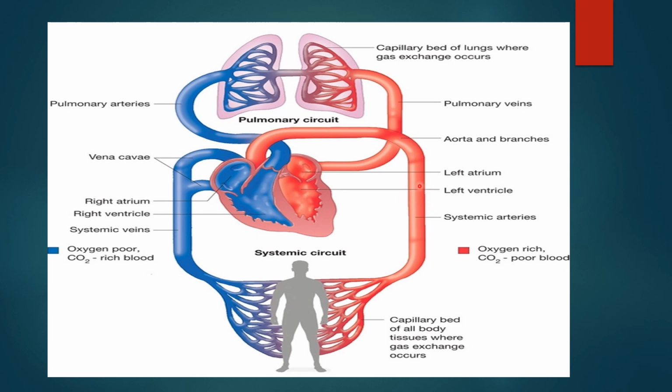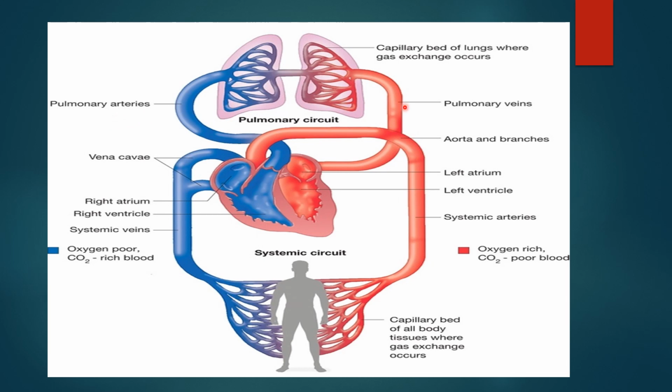One thing which we have to remember is that veins are the blood vessels which carry blood to the heart. Arteries are the blood vessels which carry blood from the heart, right? That's why the vessels which are carrying the blood from the heart to the lungs are called arteries.